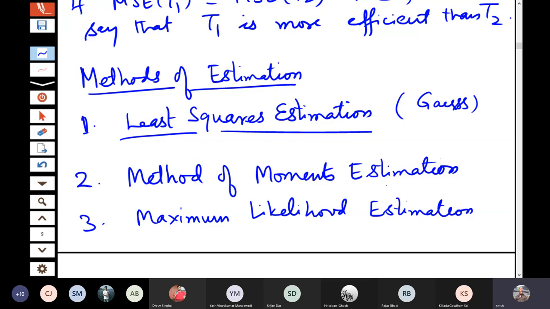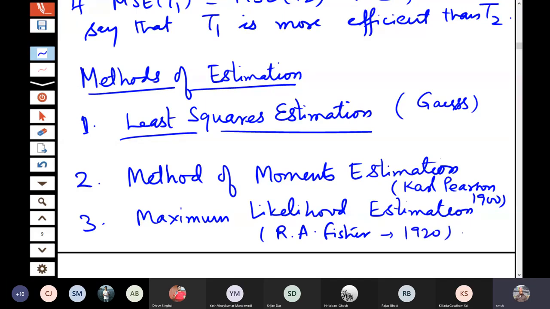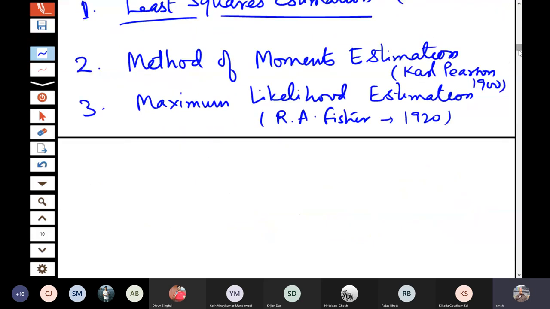This is attributed to Karl Pearson around the year 1900, and this is attributed to R.A. Fisher. Some of these names I had mentioned in my first lecture. They are basically Pearson and Fisher, etc. They are founders of the subject of statistics as it is taught today. So let us take, say, this method first, method of moments.